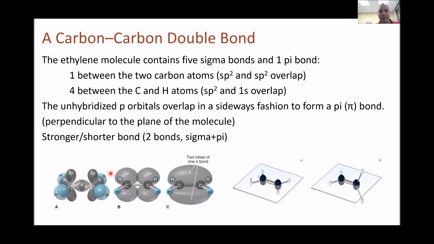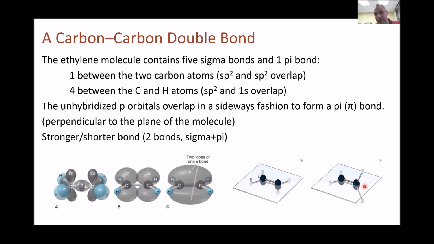And since these two unhybridized p orbitals are perpendicular to the plane of the hybrid orbitals, they will actually make the molecule rigid and will not allow rotation around the double bond, because if you try to rotate the molecule around the double bond, you will basically make the two p orbitals not parallel with each other, so it's going to break the bond.